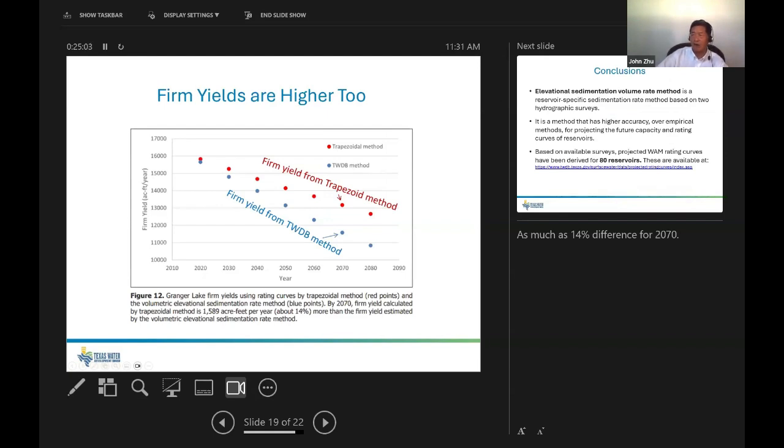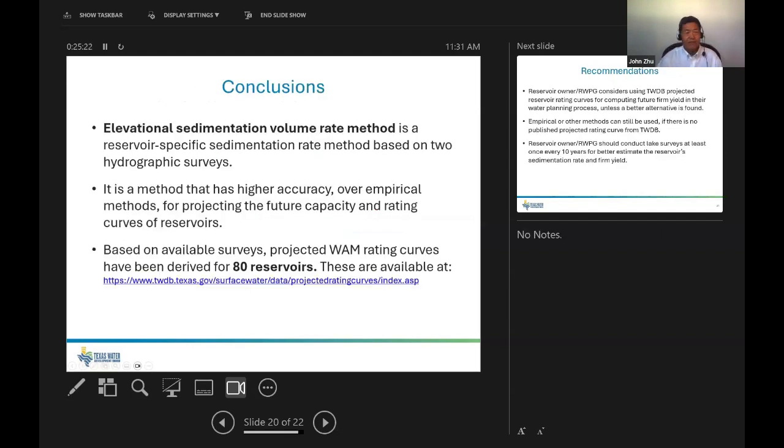Others, I don't need to show for a clear presentation. And by our method, we compute the firm yield is significantly smaller than that. So that is the difference.